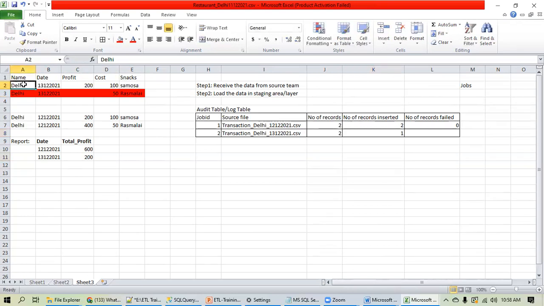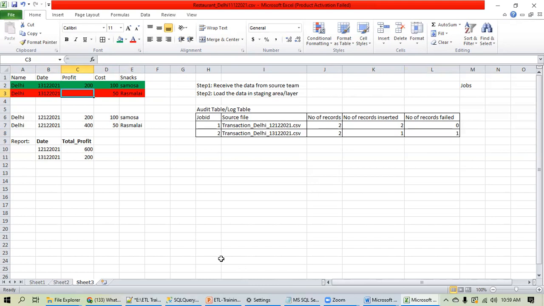Only this record will be inserted, right? Understood? Now, how many records failed? 1. So if Aman had done it correctly, he will see the number of records failed, understand that one record has failed, do the analysis of why this record failed, and quickly get back to the source team asking why they sent it blank.